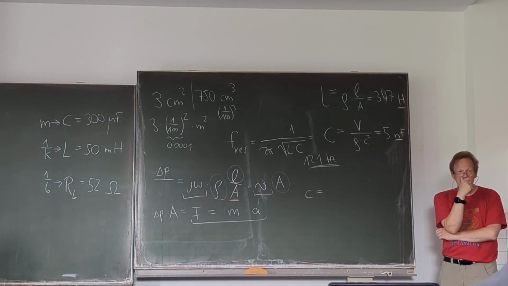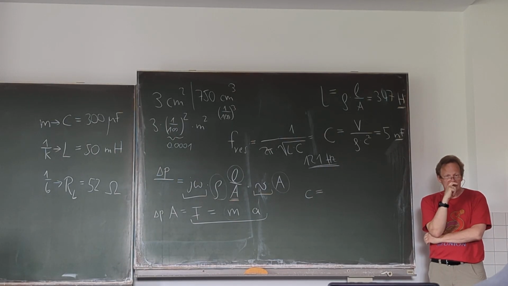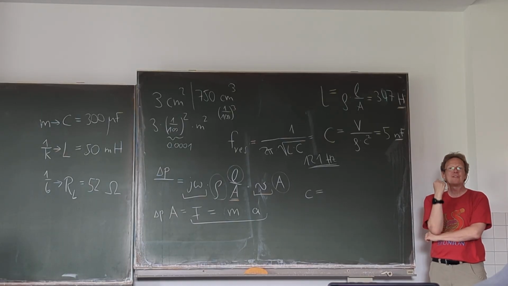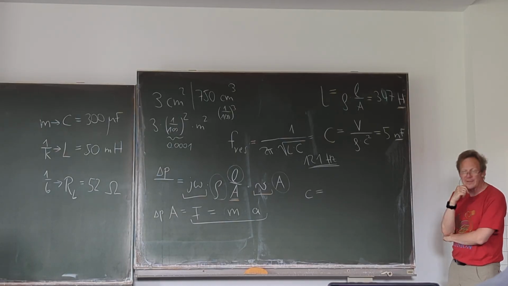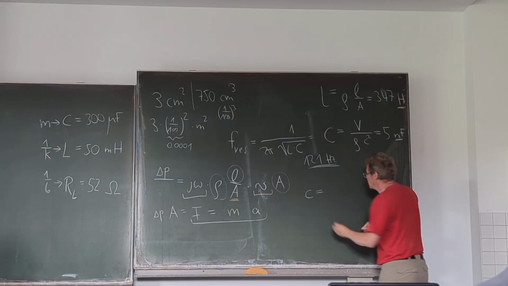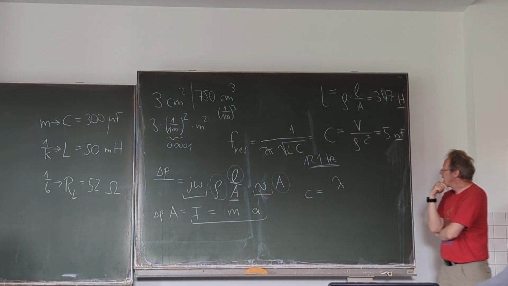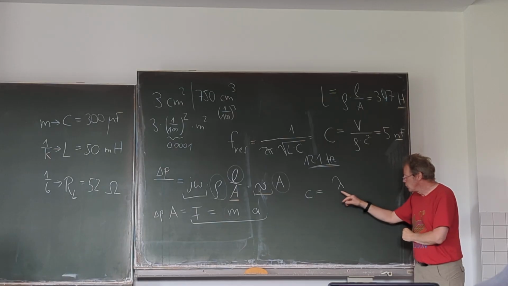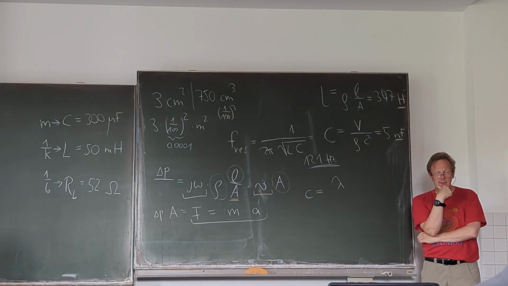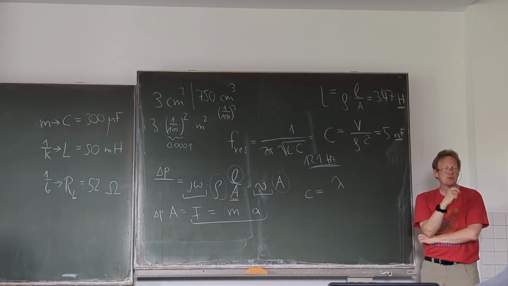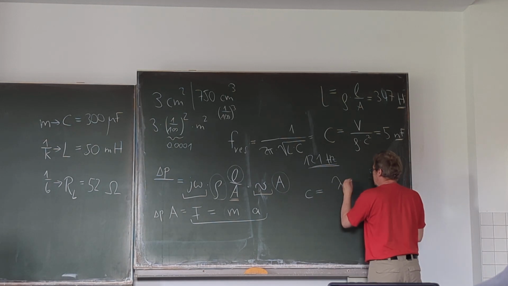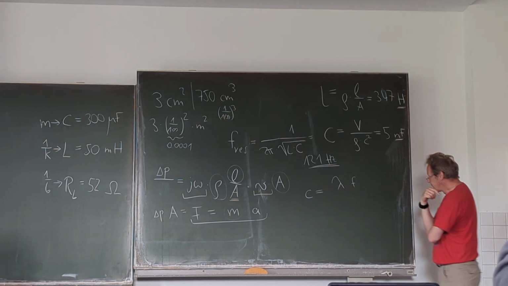And in the formula occur the wavelength and the frequency. The wavelength has meters, so that's what we need on top. And what we still need is divided by seconds, which is a multiplication with hertz. So we have to multiply this with frequency.